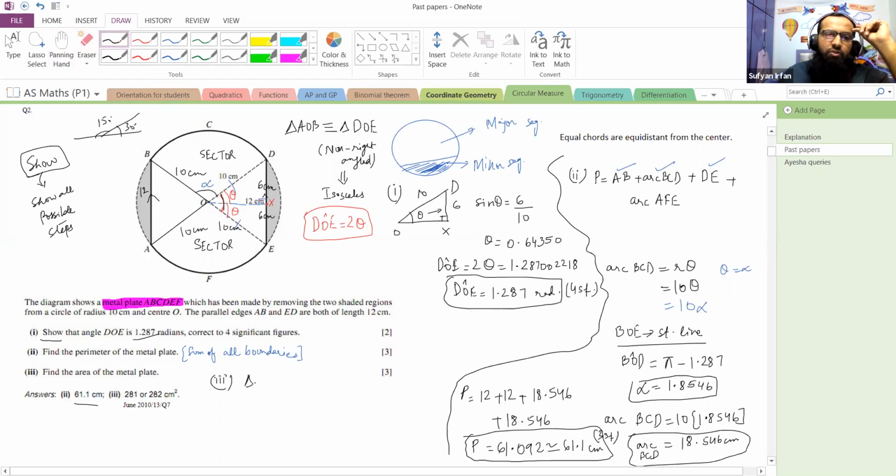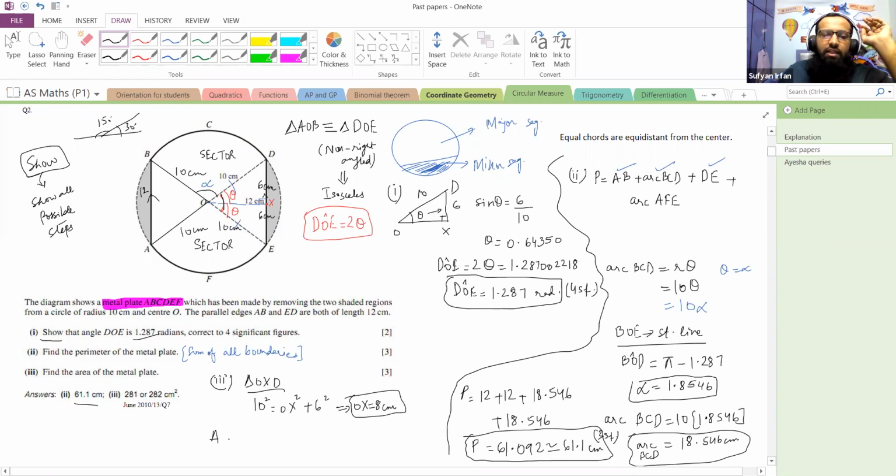If we consider triangle OXD, X is the imaginary point that I have written, and use Pythagoras theorem, then the hypotenuse is 10, 10 square equals OX square plus 6 square. And we get OX equals 8. This means the length of OX is 8 centimeters. This means the height of the triangle has been found.